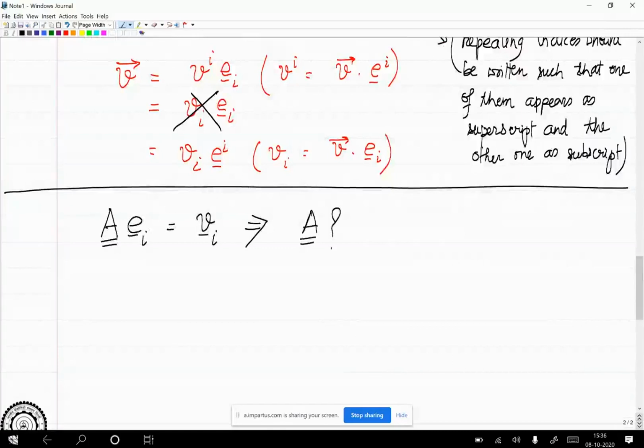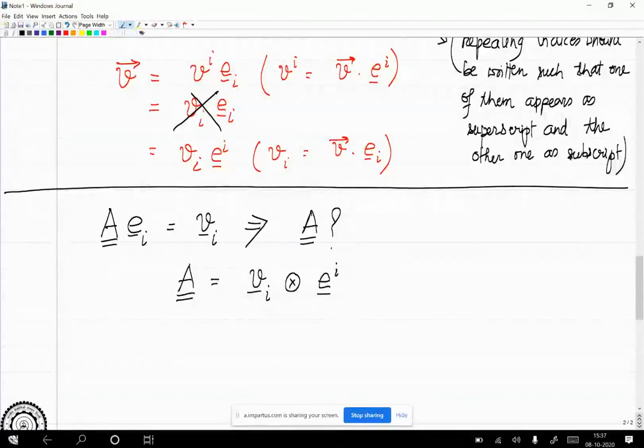Any guesses? I think it's a difficult question at this stage. So let me just write down the answer and then we can verify. A is simply going to be equal to V sub I tensor product E super I.